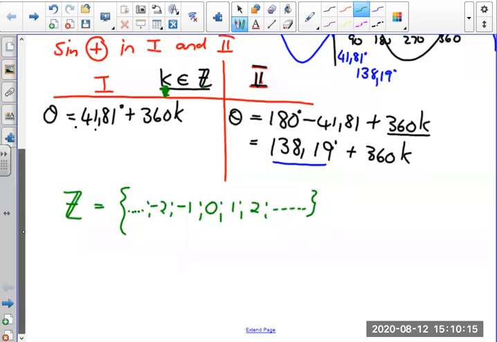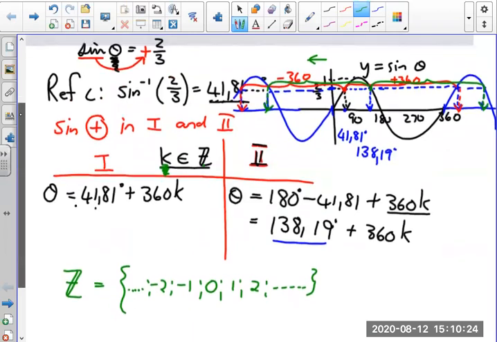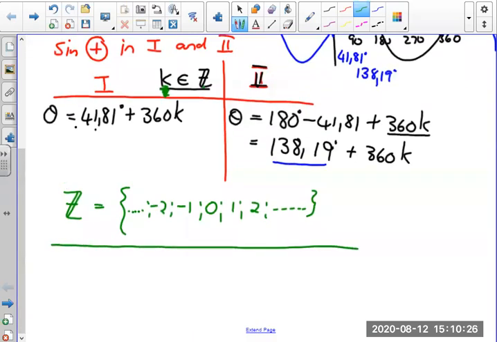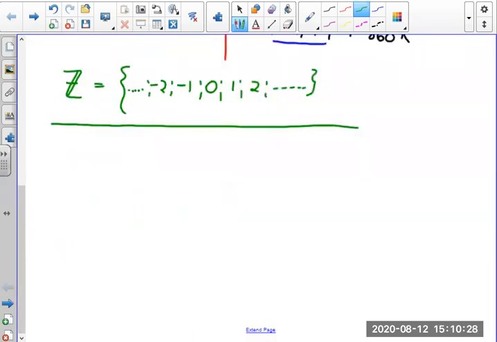Okay. Now I'm going to show you my method for this sum, and then you can decide which one is easier for you. Sine theta is equal to 2/3. Now, I'm going to show you the three different functions, sine, cos, and tan, and then I'm going to do both so that you can decide.